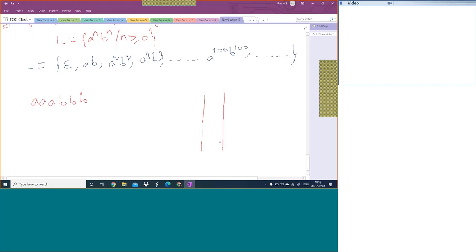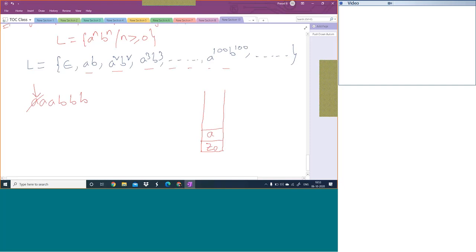What is that? The initial stack symbol. Suppose the initial stack symbol is Z0. Whatever string you take from this language, either ab, or a square b square, a cube b cube, any string you take from this language, definitely the first symbol must be A. And the string will be scanned from left to right. So the first symbol A will be pushed into the stack.